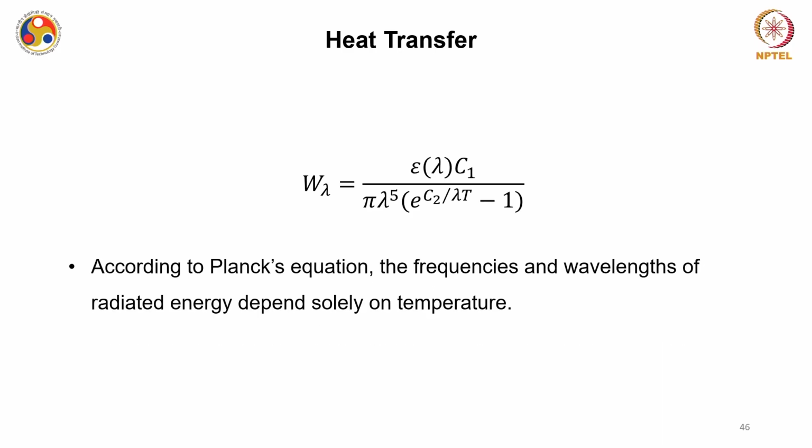According to Planck's equation, the frequencies and wavelength of radiated energy depend solely on the temperature, because if you remember, the equation for the radiant power at a particular wavelength depends on the particular temperature.